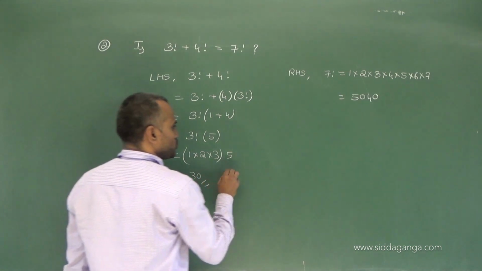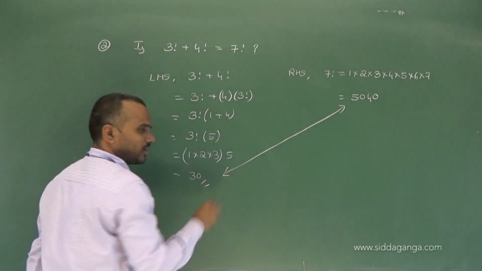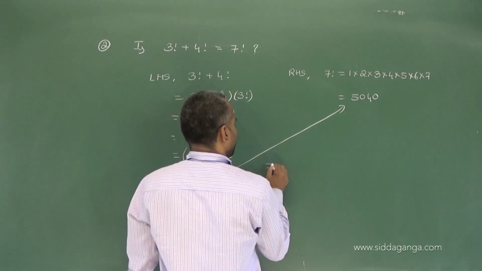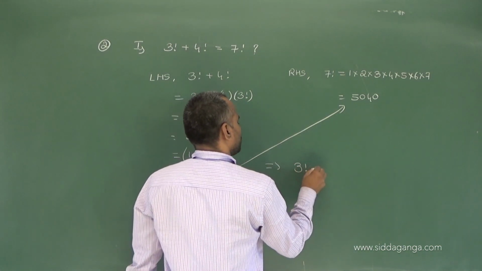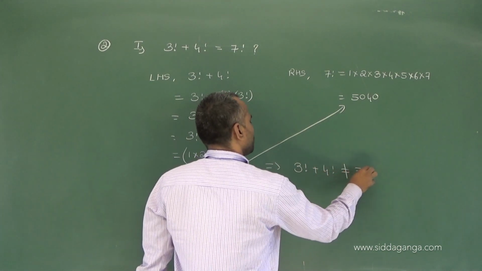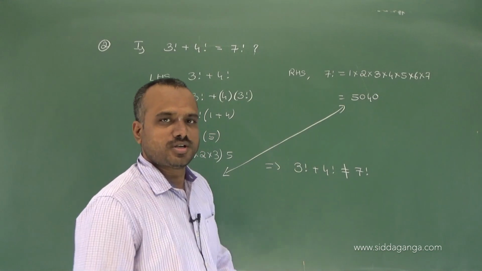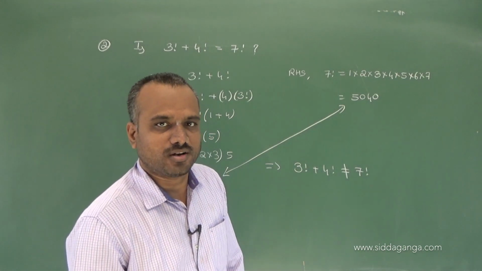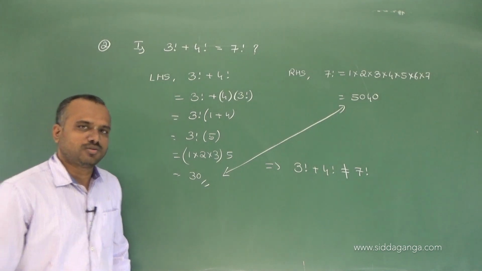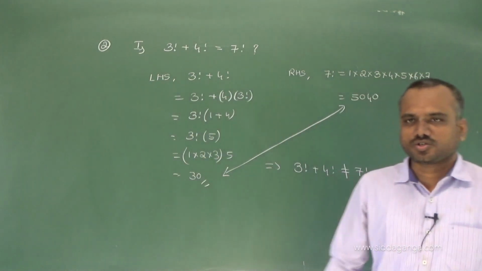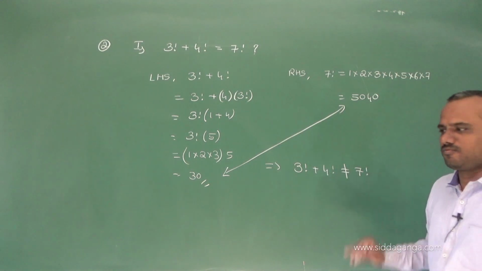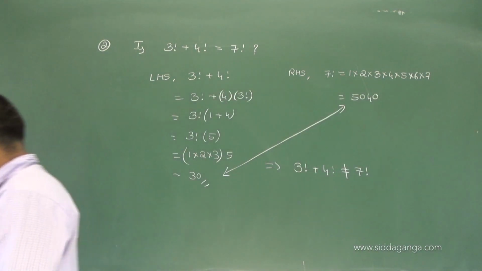By seeing these two results, are they equal? No. That implies 3 factorial plus 4 factorial is not equal to 7 factorial. Understand? Observe the problem first. 3 factorial plus 4 factorial is not equal to 7 factorial. Next problem.